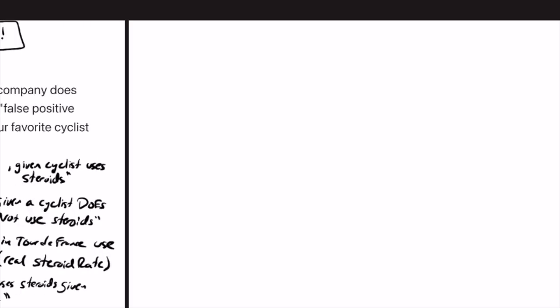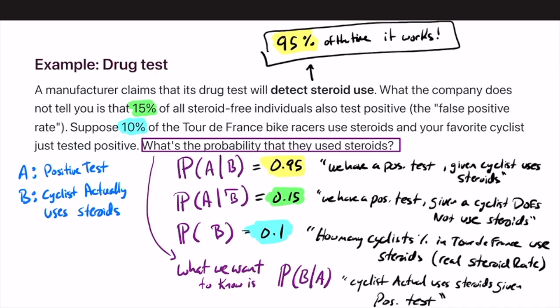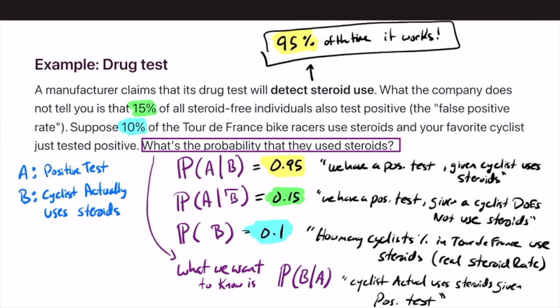There are a couple more things with the law of total probability and the multiplication rule that we'll see, because we don't have the probability of A, the probability of a positive test result. So let's go ahead and solve this.